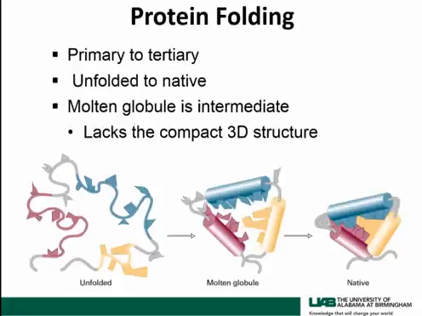So protein folding then is like this. You have the unfolded primary structure, right? It's unfolded right here. And then you have an intermediate called molten globule, which is very similar, loosely similar, almost identical to the final native structure, but it's looser than the native structure. It lacks a compact three-dimensional structure of the stable native structure.